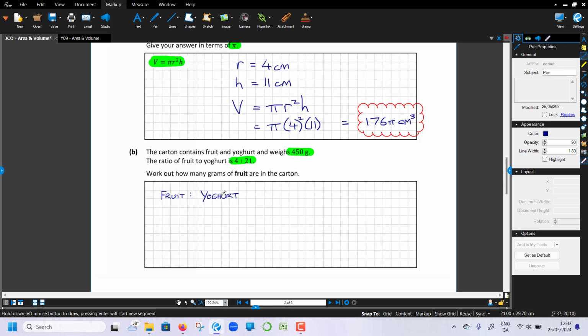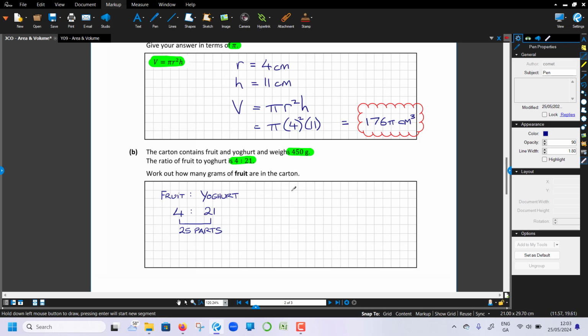If you're from America, you don't have a T or an H here. So we have 4 parts fruit to 21 parts yogurt. That's 25 parts. Maybe some of your teachers might call it shares, but it's 25 parts. So 4 of them are fruit and 21 are yogurt.